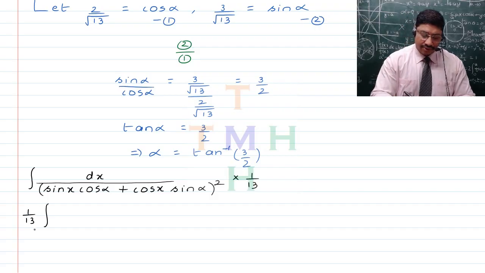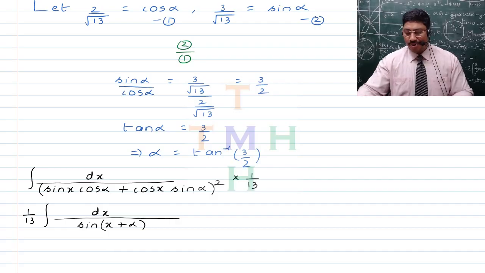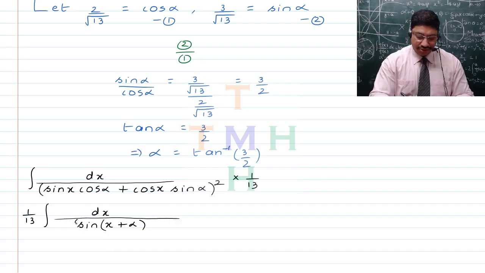So 1 upon 13 will go outside, and then now we can write this to be dx divided by sine of x plus alpha. Yes or no? How has this become very much shortened?